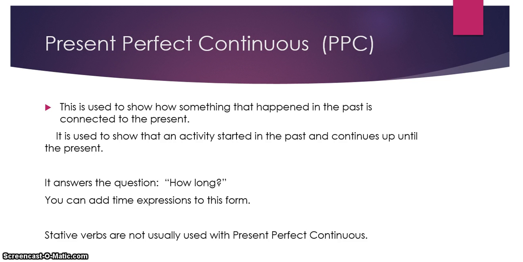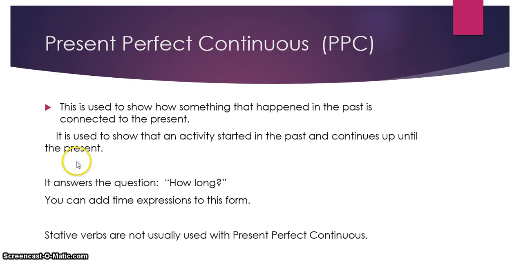Now let's look at the present perfect continuous. This is used to show how something that happened in the past is connected to the present. It is used to show that an activity started in the past and continues up until the present.